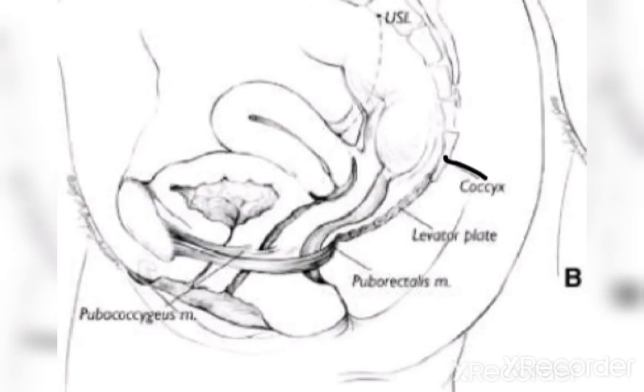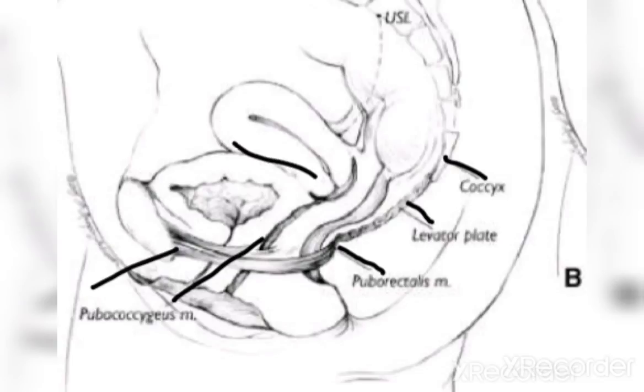Now you can see in this slide, this is the coccyx, and this is the pubic symphysis at the anterior, and this is the coccyx at the posterior. Now see the levator plate, the puborectalis muscle and the pubococcygeus muscle. This forms the base, the support to all these organs.